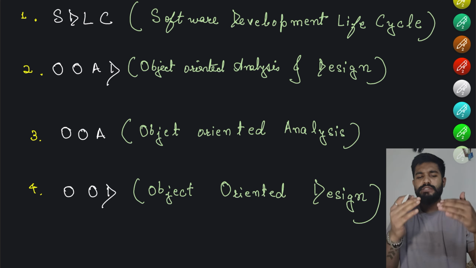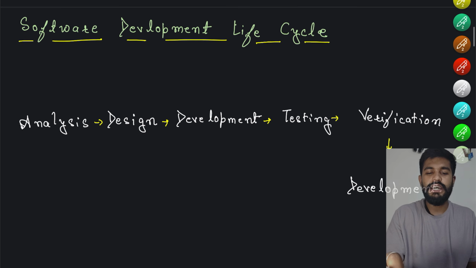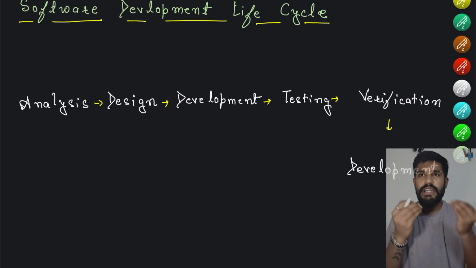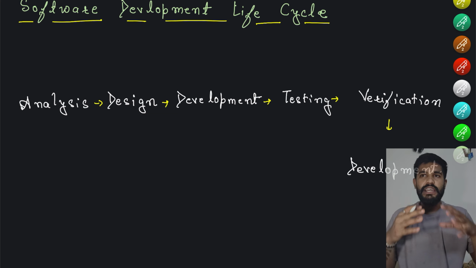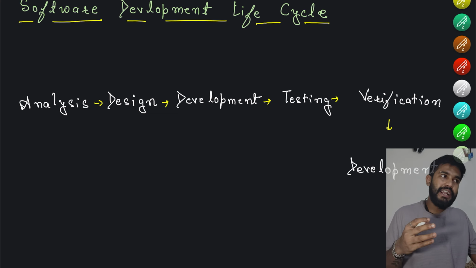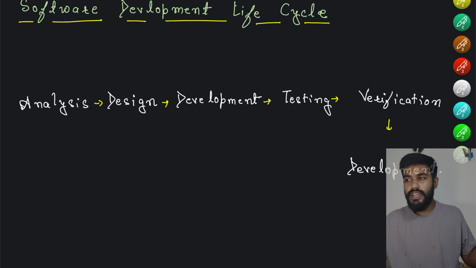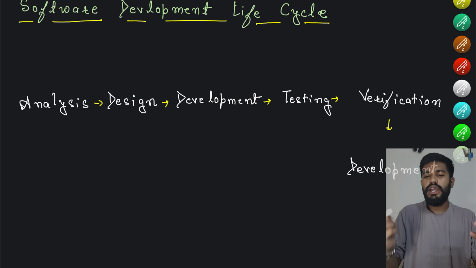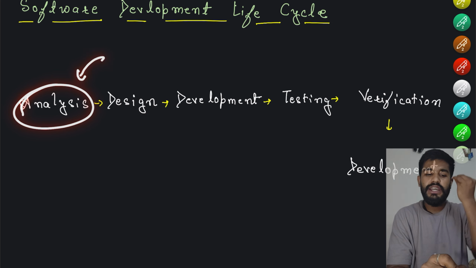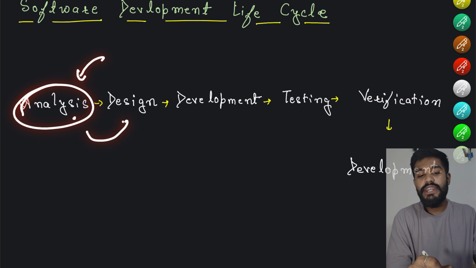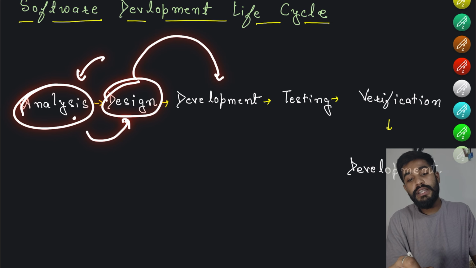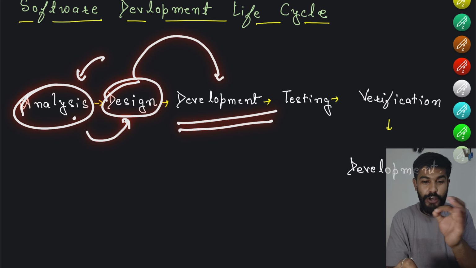Fair enough. Let's move forward to the very first agenda, that is software development life cycle. Software development life cycle basically illustrates the way a software is planned and executed. Here comes the very first step: we analyze what is the need of the hour. Then we design a prototype. Then we turn that prototype into a real world object.